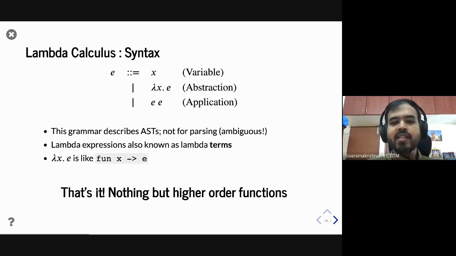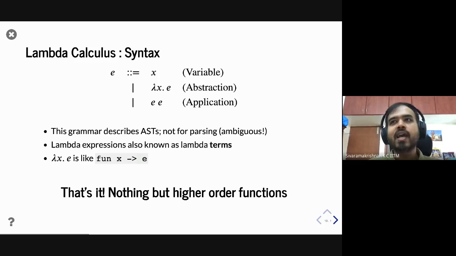We are writing the abstract syntax tree. Sometimes it might be useful to disambiguate the terms. It doesn't matter whether there is a bracket or not, but it is useful to have a bracket, just like in mathematics. You use brackets wherever it is necessary. For disambiguation, we use brackets.